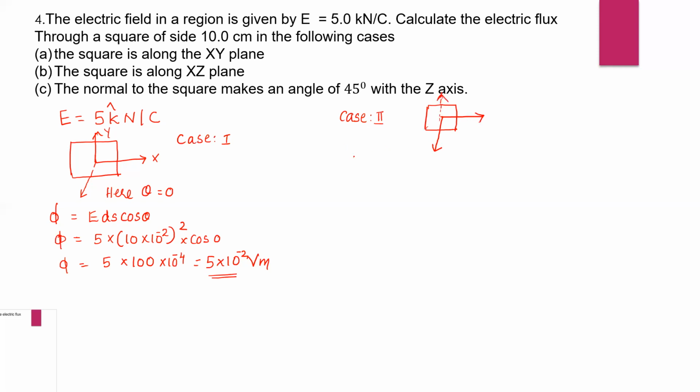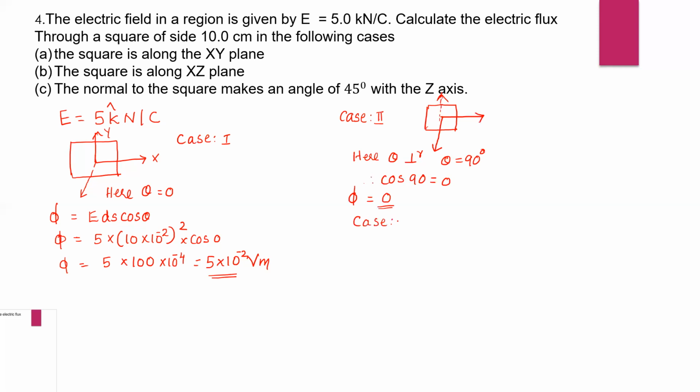In this case, theta is 90 degree. The angle between E and ds is 90 degree. Therefore, cos 90 is 0. Therefore, the electric flux phi is equal to 0 in this case.